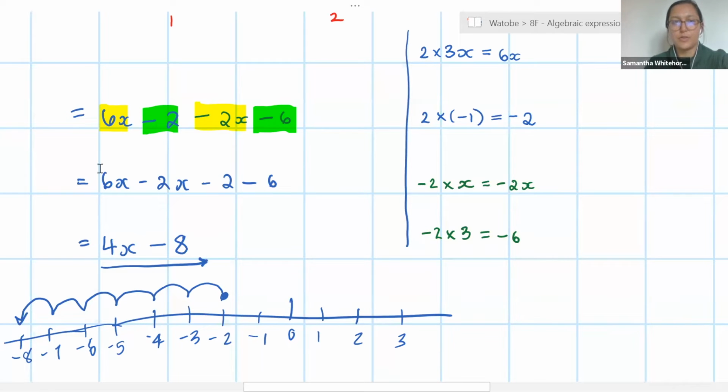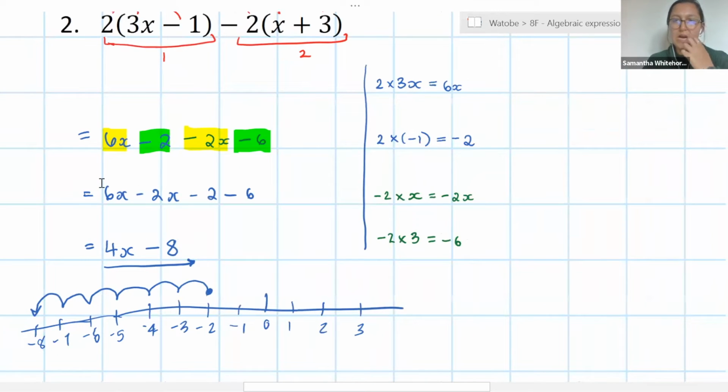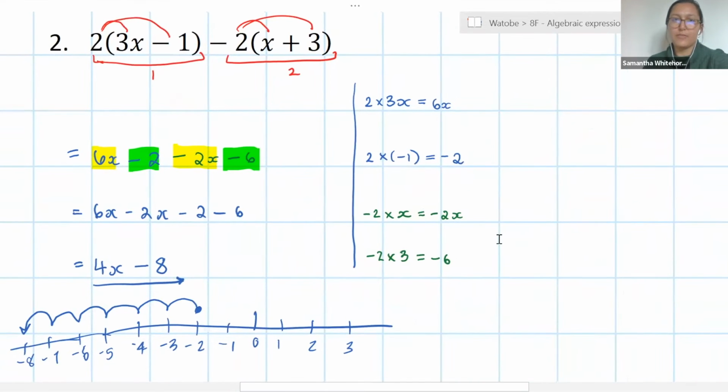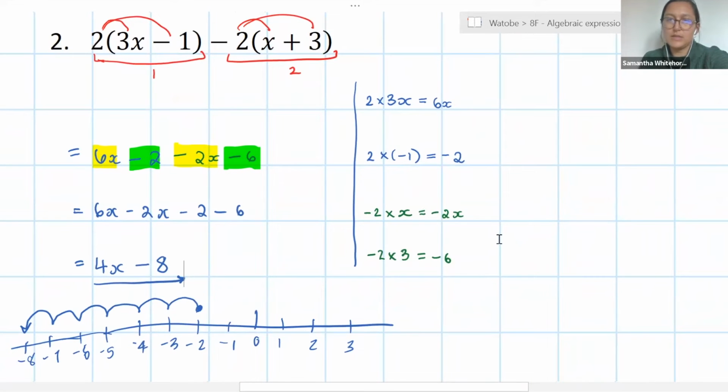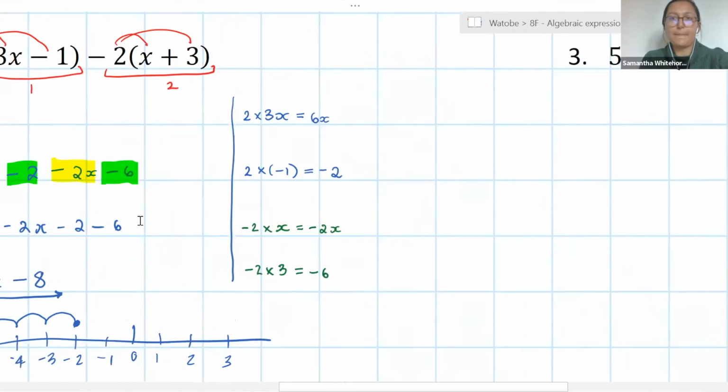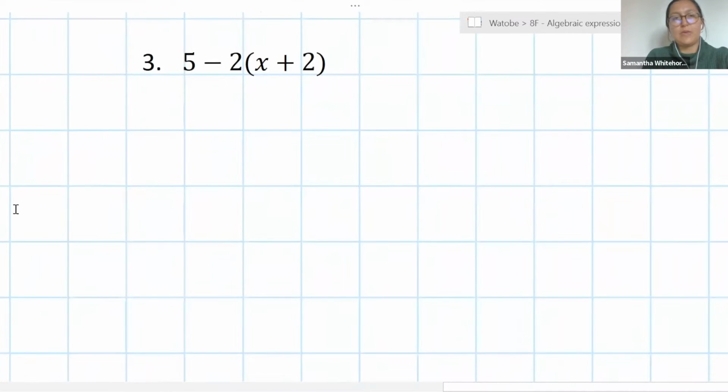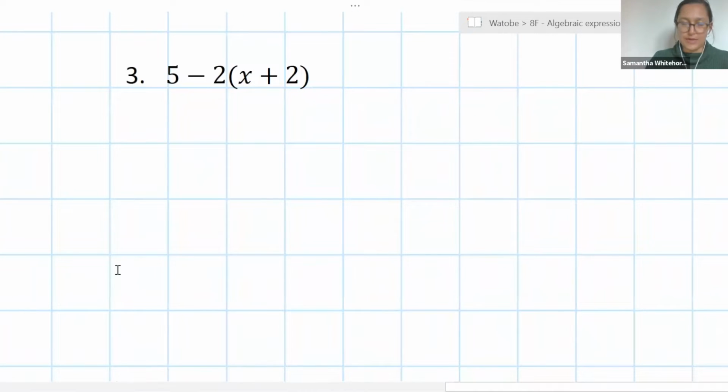Okay, so let's have a look at our third question. If you haven't got that, remember, take a screenshot. And now we go over to question 3. Now it's really important that we know which terms we need to multiply, or which values rather we need to multiply into the bracket, because that is the first thing.